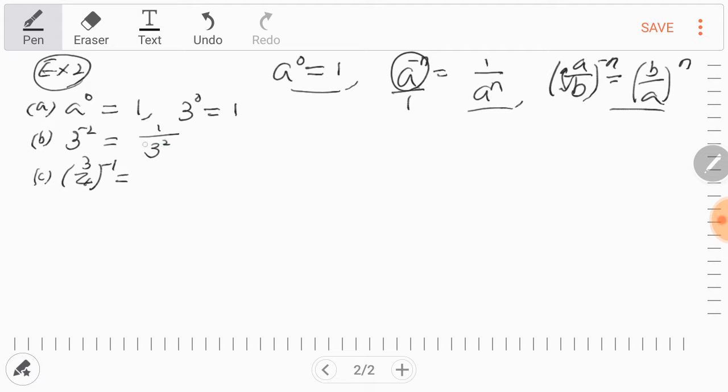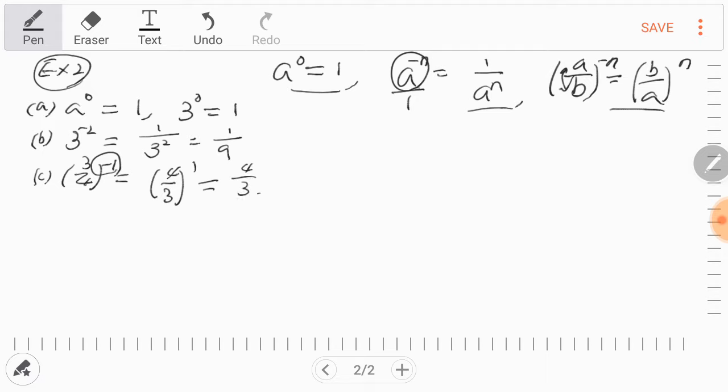So negative 2 becomes positive 2. I mean the sign of the exponent changes. Then 1 over 3 squared is 1/9. Okay, the next one, the exponent is negative 1, so we can make it positive 1. Then what happens to the base? Make it the reciprocal, so 4 over 3. So 4 over 3 to the first power is 4/3.